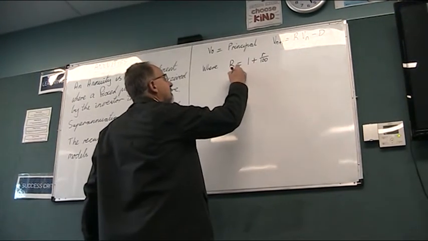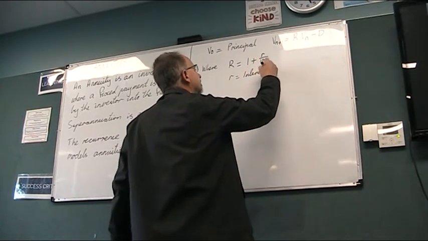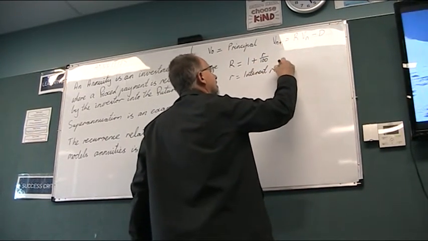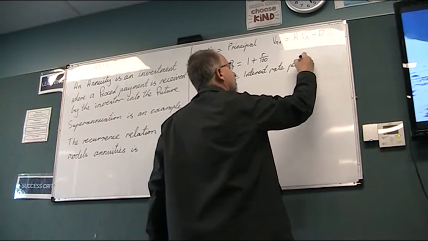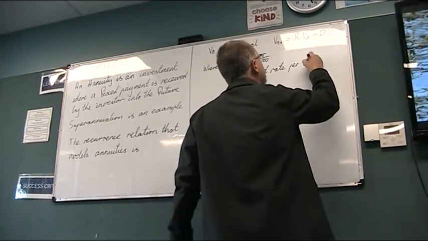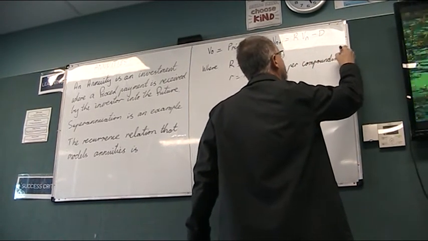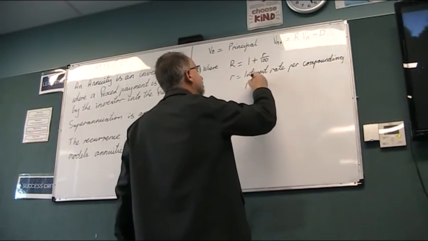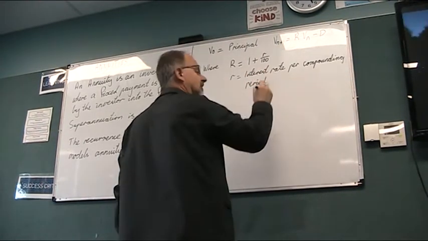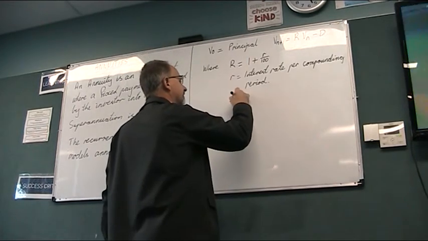So little r, of course, is our interest rate per compounding period, or payment period, and D is the payment that's received.